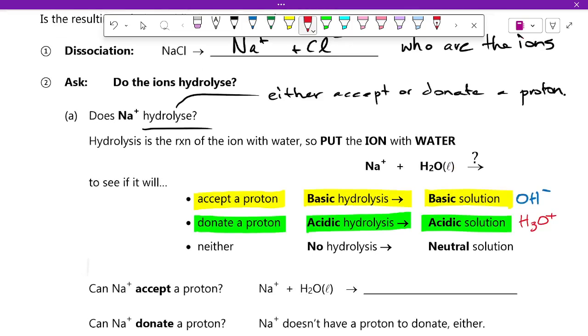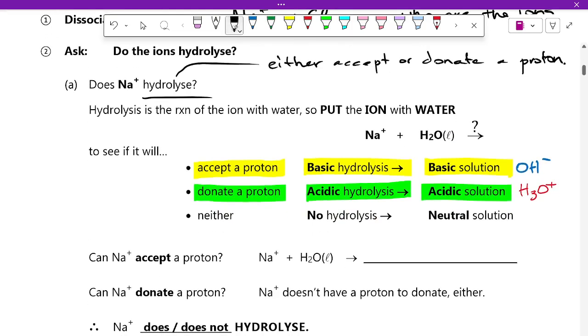Okay? So can Na accept a proton? Let's see what that would look like. This is super fun. We would end up with NaH2 positive plus OH minus. What do we think of that? Does that look good? So what we did is we took an H from here and put it there.